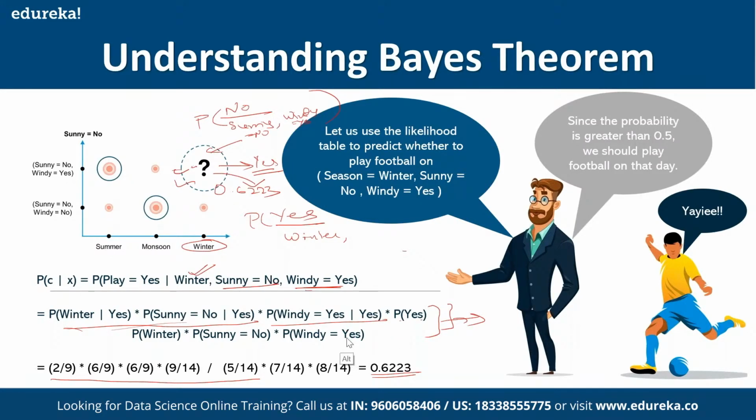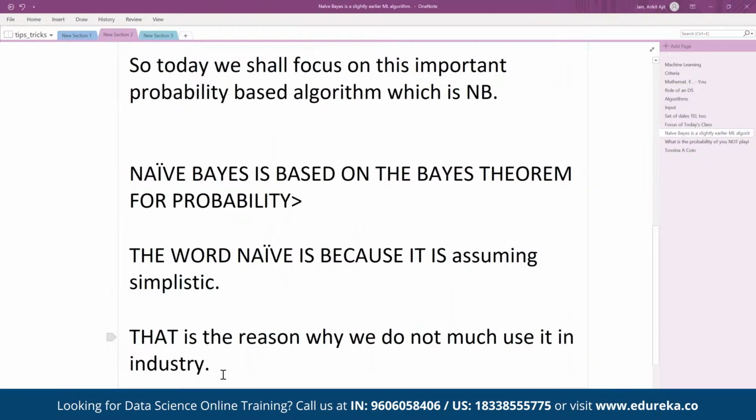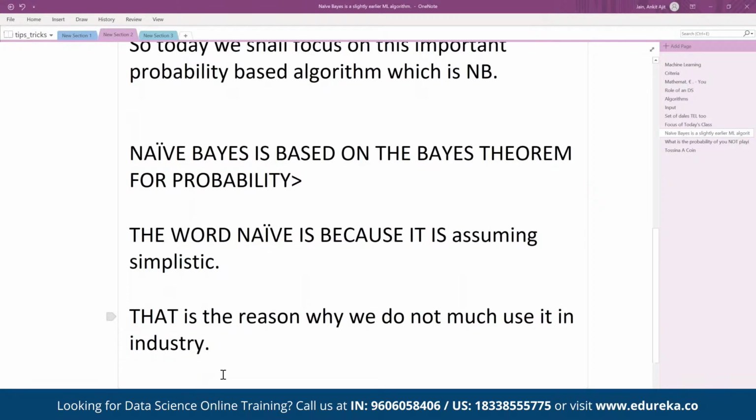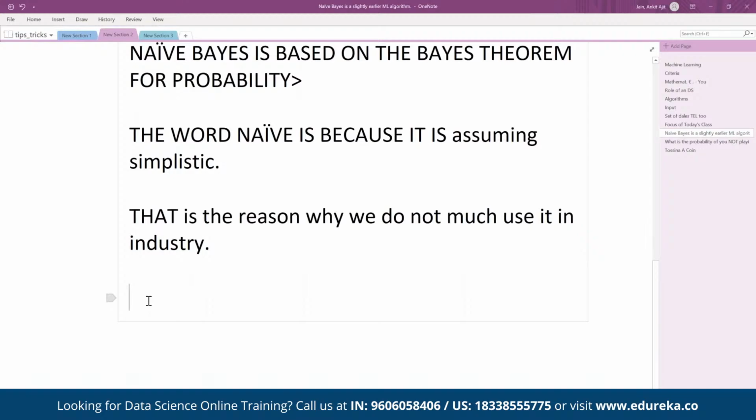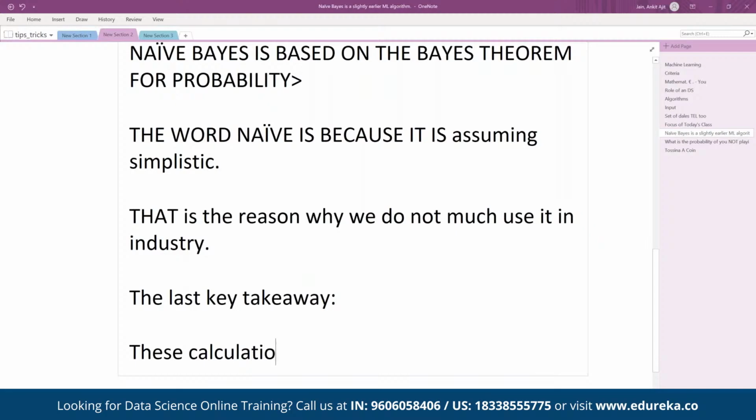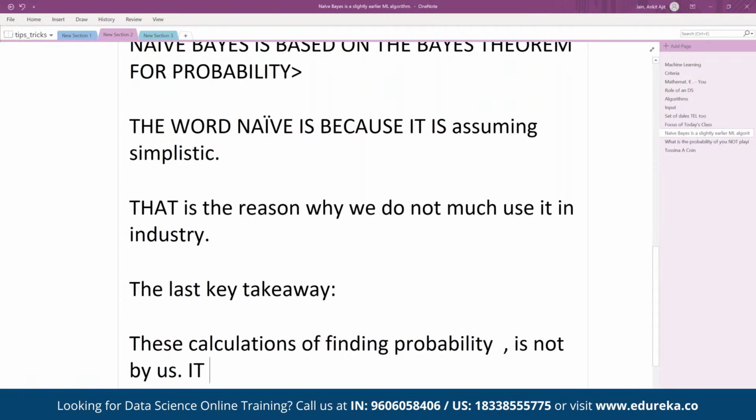Okay, now I hope the basics are very clear. The mathematical part may require some more understanding, or some more, I will say, practice. The last key takeaway for you will be that these calculations of finding probability are not done by us. Who will do this? It will be done by the machine. That's why it's a machine learning algorithm.